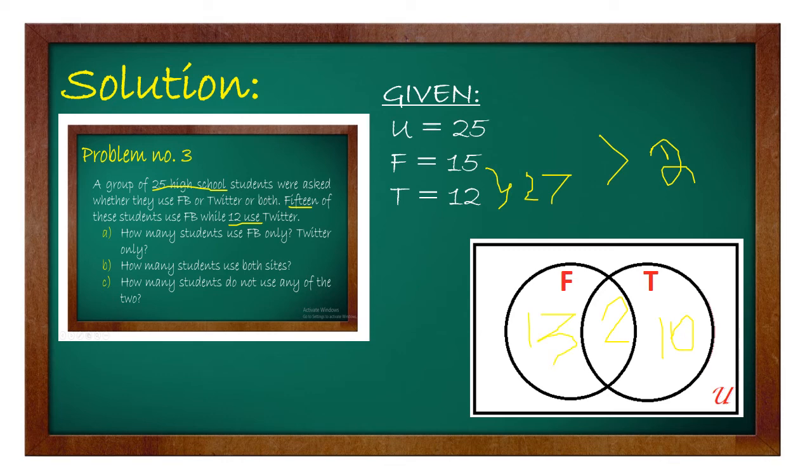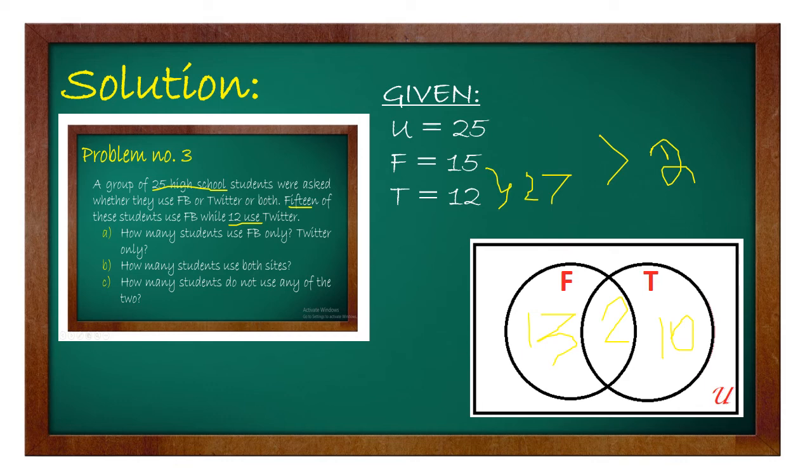And then, after that, i-check na natin kung nagtugma na ba siya sa universal set. Dapat equal lang siya sa 25. So, 13 plus 2 is 15. 15 plus 10 is 25. So, ibig sabihin, lahat ng nasa universal set, nasa loob na ng Venn diagram.